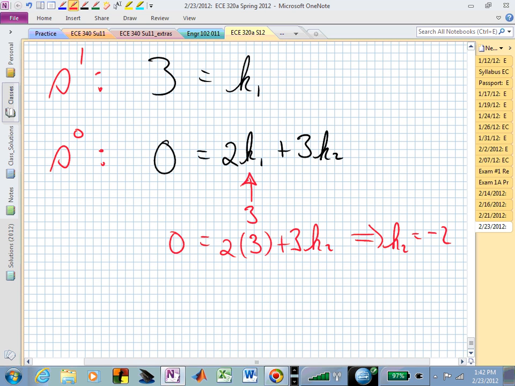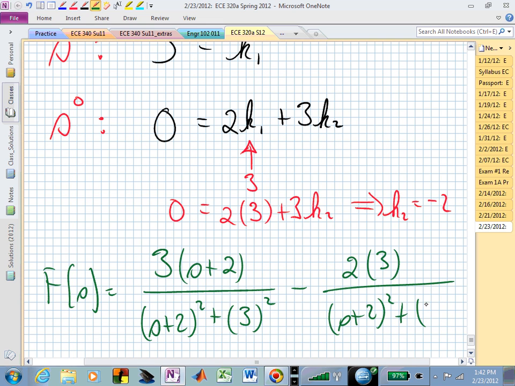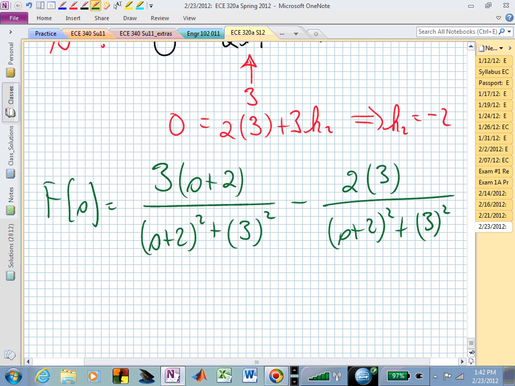If that's the case, now I know that F of s, I can rewrite it as 3s plus 2 over s plus 2 squared plus 3 squared, minus 2 times 3 over s plus 2 squared plus 3 squared. And now what is f of t?